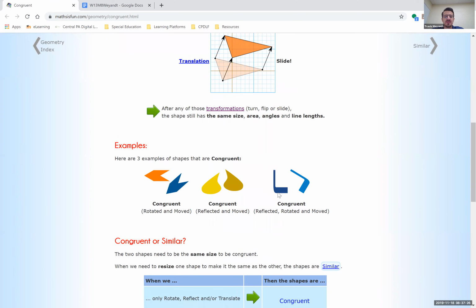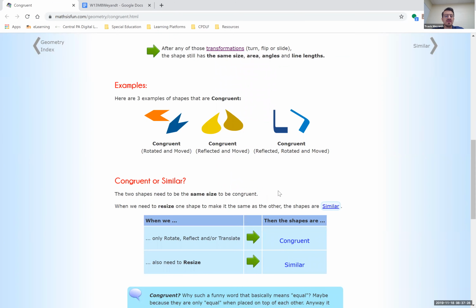We talked about how similarity can be resized. It can get bigger, it can get smaller, and doing that, you still keep the same shape. You're not changing the orientation of the shape, you're just increasing the size. That's what we call similar. Congruence needs to be the same size, line lengths, angles, all of those things.